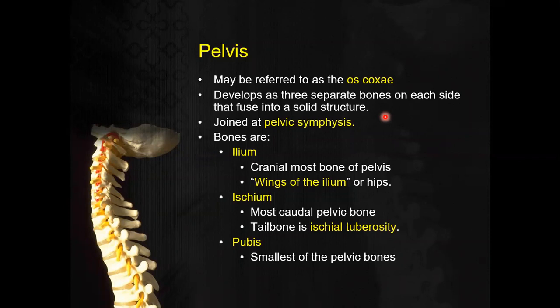Our pelvis does have a slightly movable joint, and if I turn this pelvis around, you can see it. Somebody remind me what the medical term for this slightly movable joint is. Amphiarthrosis. There you go. Good job.